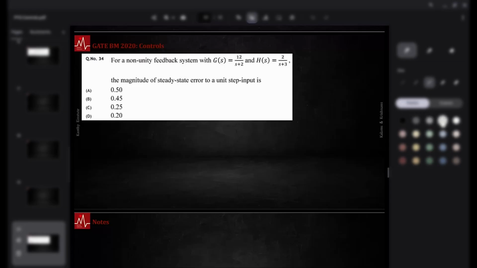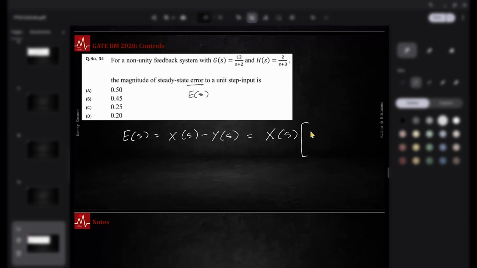Okay. For lack of time, I'm going to write, notice E of S is your error. Then I'm going to write it as X of S minus Y of S, plus X of S into 1 minus, I'm recalling this formula, G by 1 plus GH.